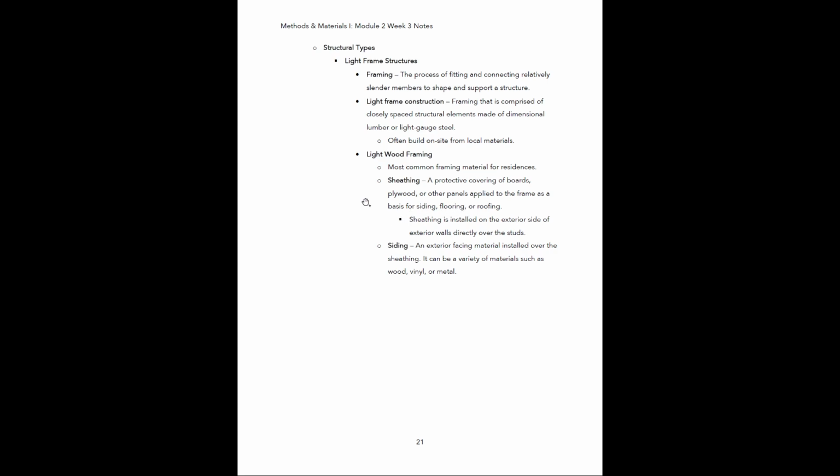And then over top of the sheathing, they will apply the Tyvek air barrier, and then over top of that, they will put the siding. The siding is an exterior facing material installed over the sheathing, and it can be a variety of materials such as wood, vinyl, or metal.